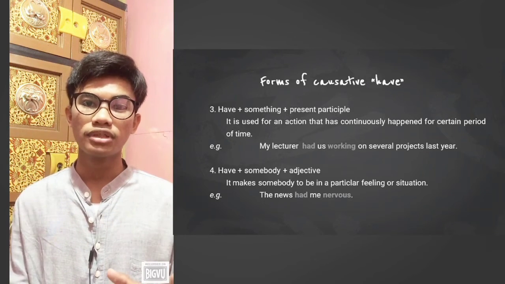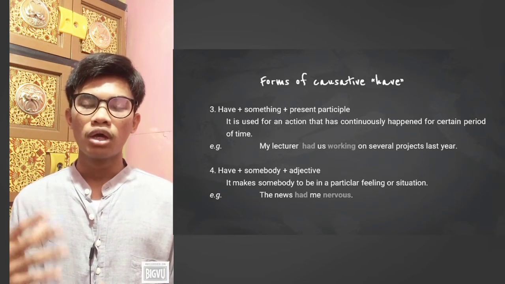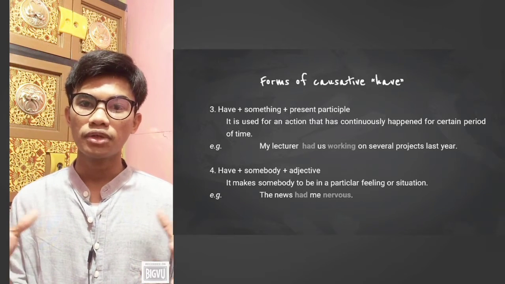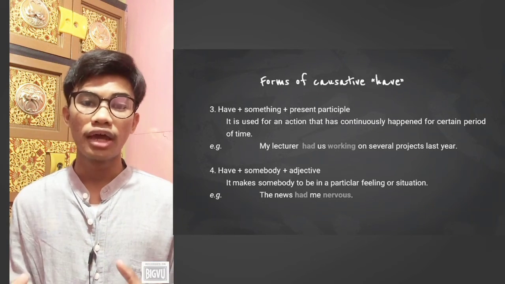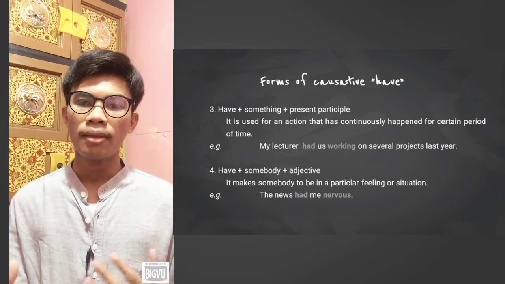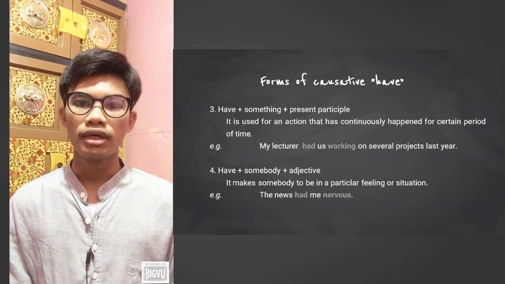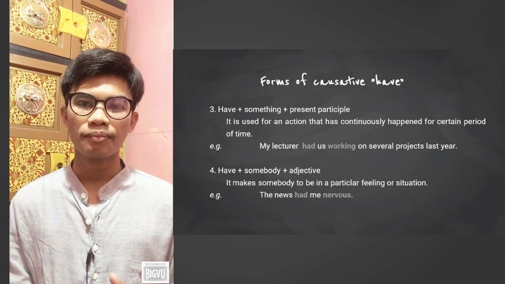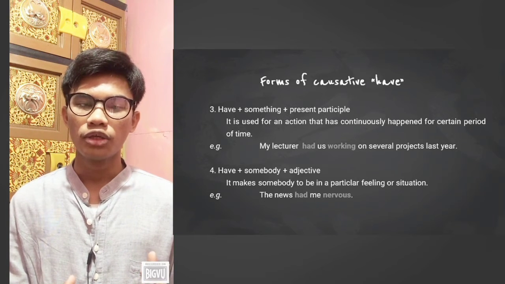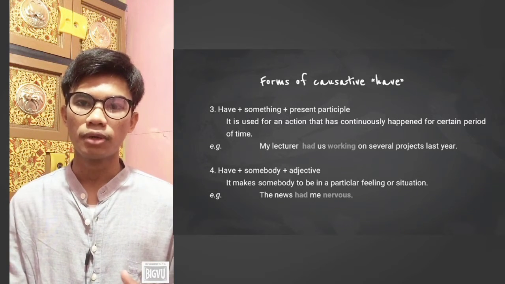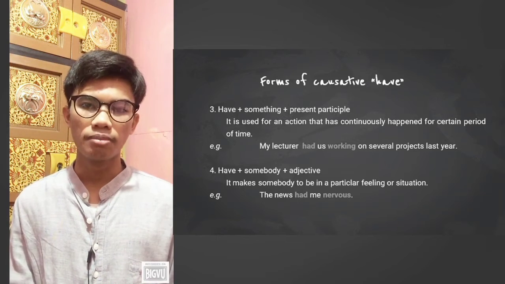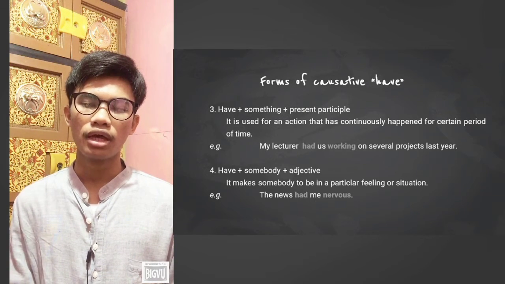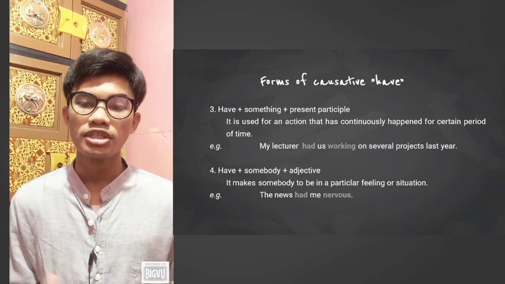When you want to make other tenses, you can use as many as you can, because for this form of the causative verb, we can use all types of tenses. It is very acceptable.